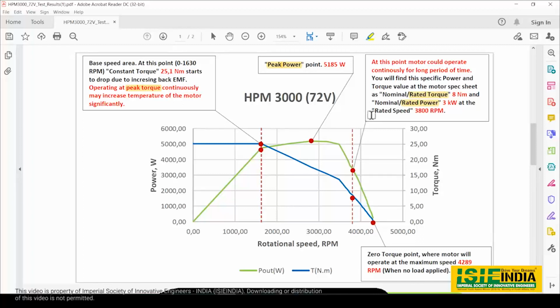So we have four terms over here, and the rated speed. So we have these five terms over here.